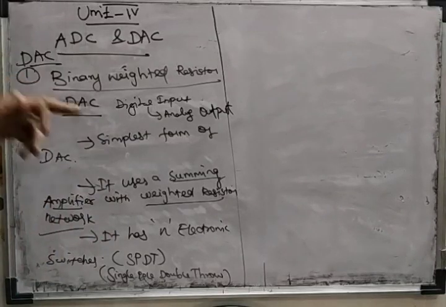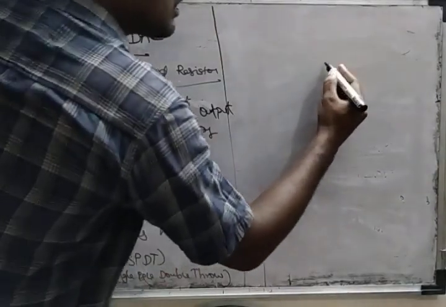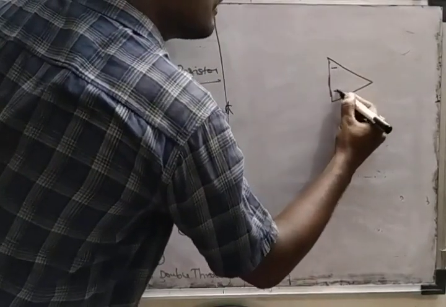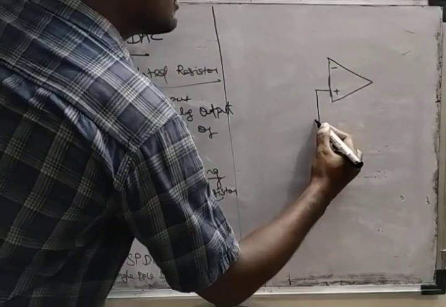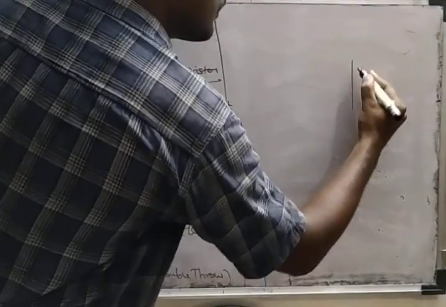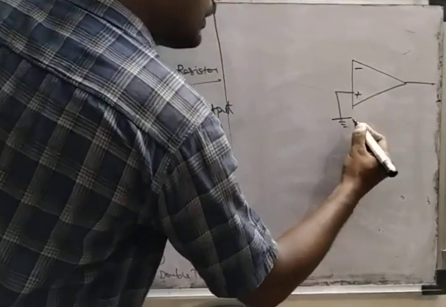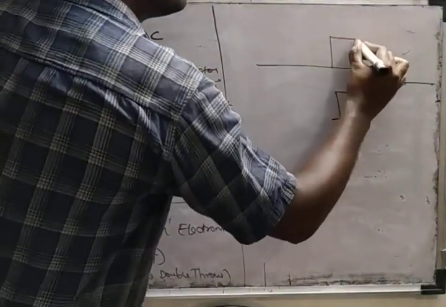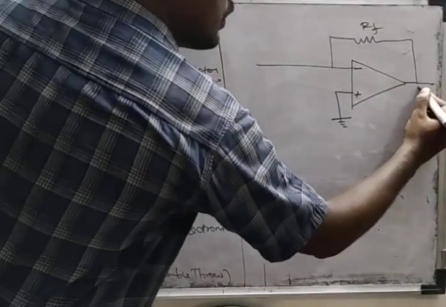It is a summing amplifier, so I am having an op-amp with the non-inverting terminal grounded, and we are having feedback resistance RF, and your output voltage is V0.